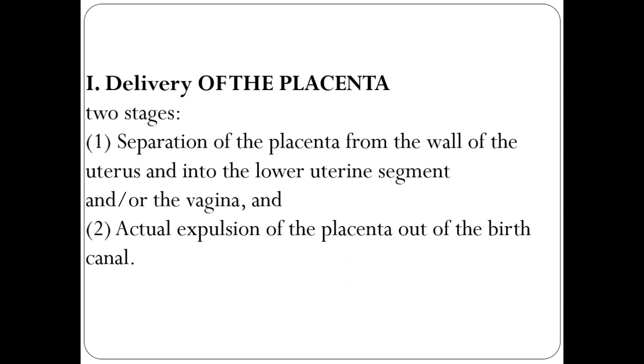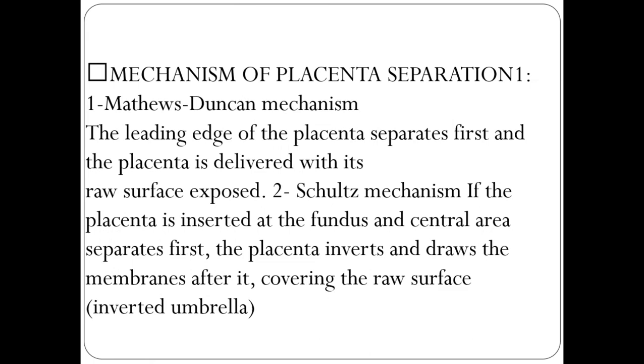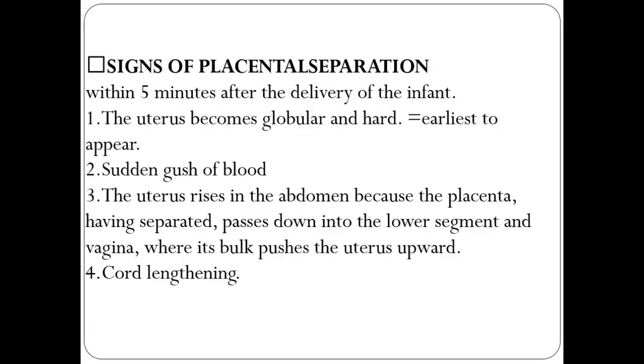We have to first diagnose the separation of the placenta. There are signs of placental separation, which are: the uterus becomes globular and hard, a sudden gush of blood, the cord lengthening, and the uterus rising in the abdomen.